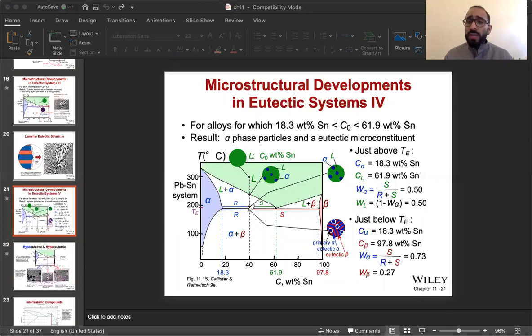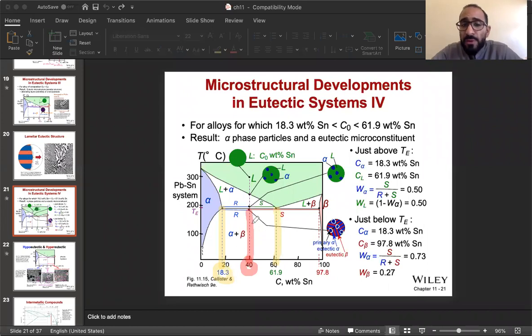And if we want to calculate how much primary alpha we have, what we will do, if this is your composition, 48%, let's also point out the other important regions in order to construct the lever rule. This is the eutectic region, 61.9. And this is the alpha region, which is 18.3.